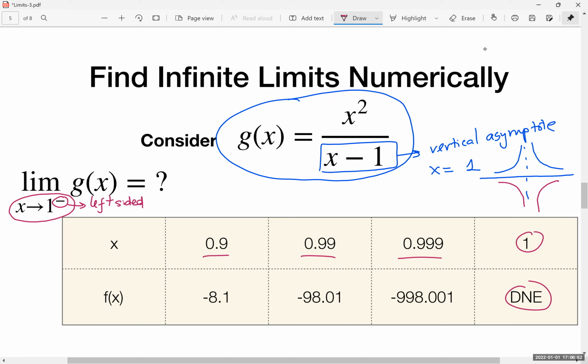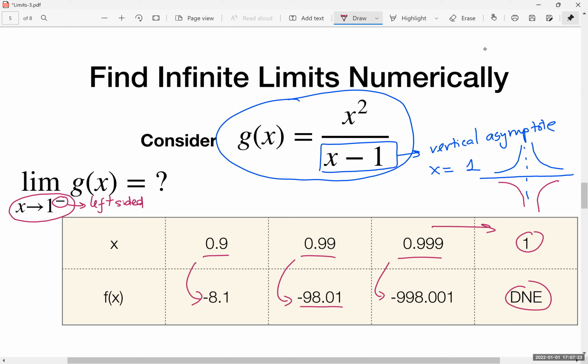Then we find the function value at x equals 0.9 is negative 8.1. If you go a little closer, you get negative 98.01. A little closer, you get negative 998.001.